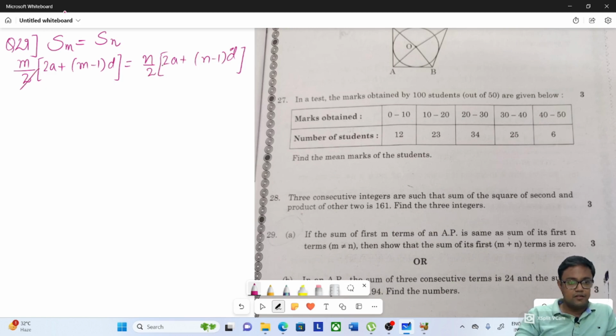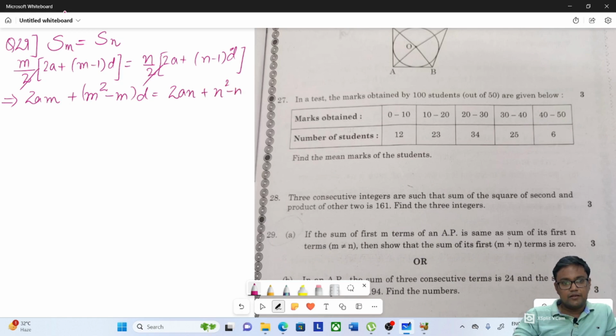So you can cancel out these two 2's and then take the constant natural number m inside: 2am plus m square minus md, and over there also it will be 2an plus n square minus nd.